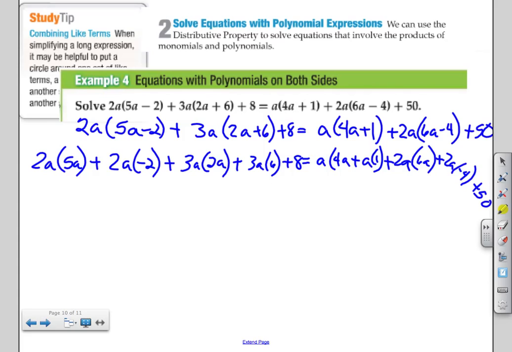Running out of room, right, guys? This problem is way too long. Okay, let's make it shorter.